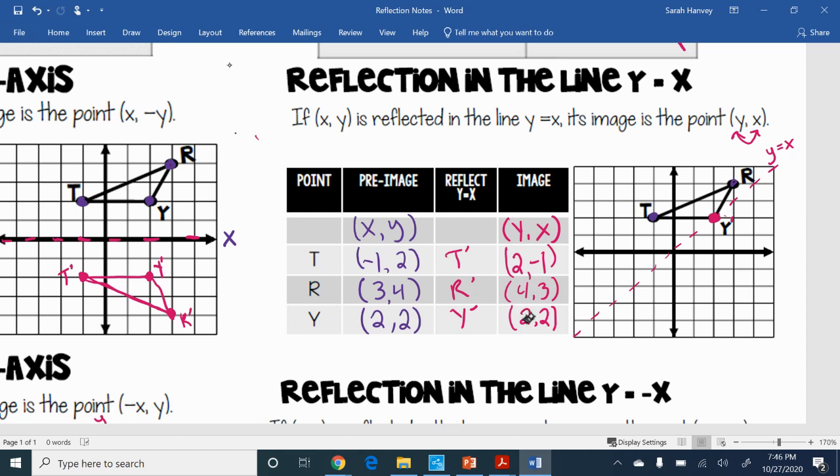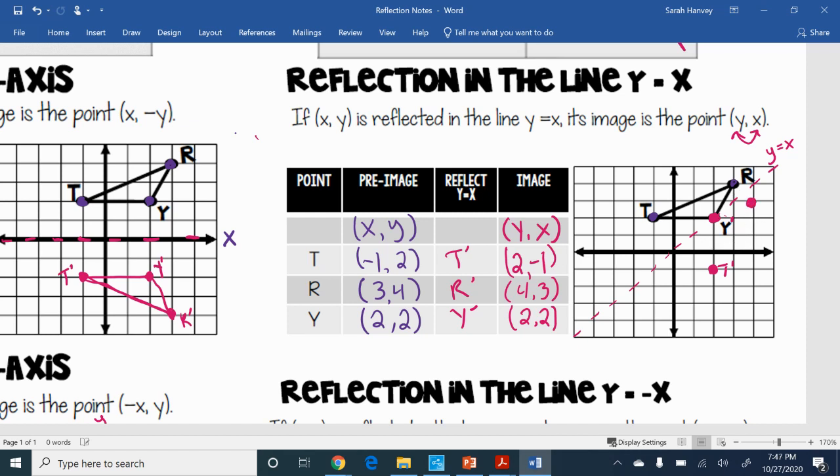All right, let's go ahead and plot the other two. It's going to be right 2, down to negative 1. And that is going to be your T prime. And then we're going to go right 4, 1, 2, 3, 4, and up 3. 1, 2, 3.